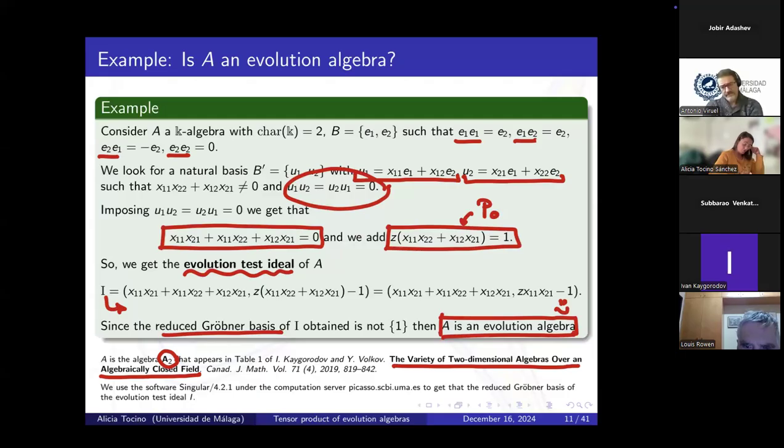Indeed, we are going to use all the algebras that appear in this table through all the work. Moreover, to compute the Gröbner basis, we use the software Singular under the computation of Picasso, that is a server from the University of Málaga.